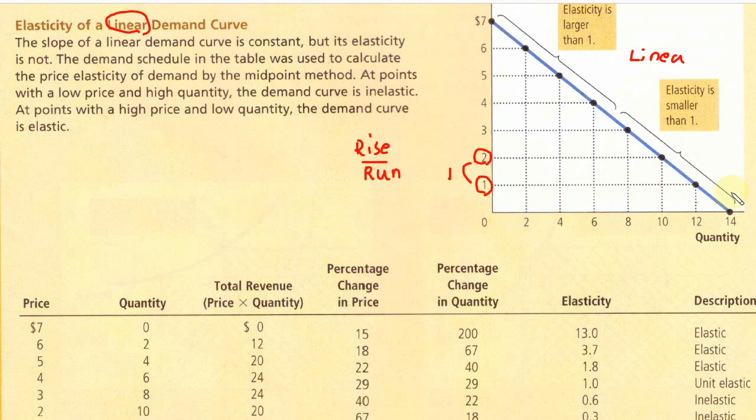And then we have a rise divided by run. Once we have a $1 rise, 1 corresponds to 12, but once we go to 2, the quantity, we have 2 runs, right? So this is what we call the slope.